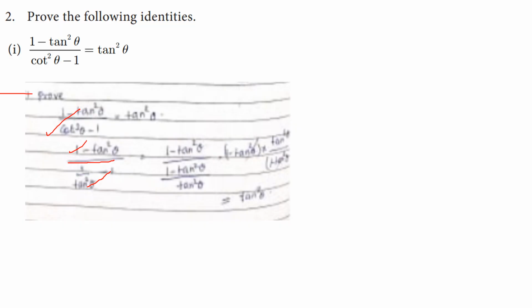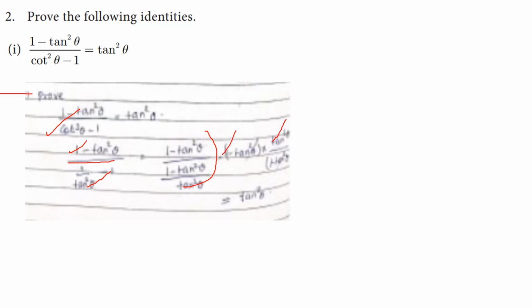Next, you take this denominator to the numerator. So that tan squared theta will come. That is this one, tan squared theta will come. And already 1 minus tan squared theta is there.